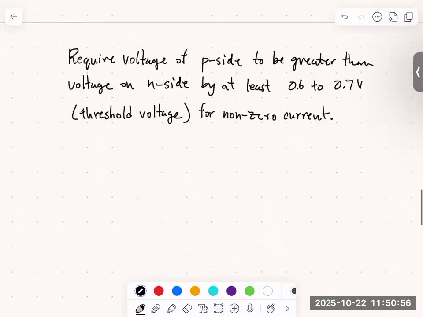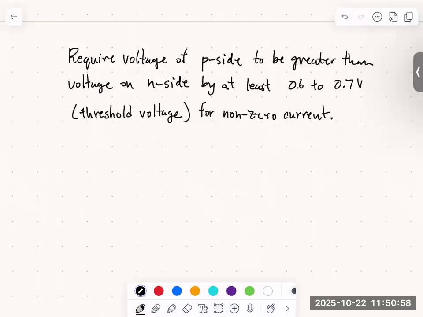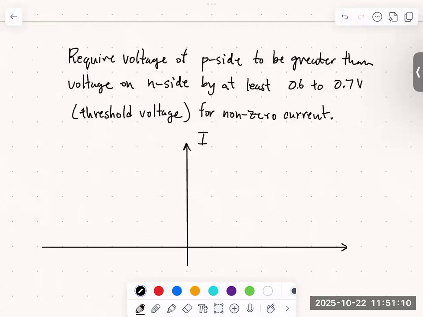For our diode, we can make a similar plot that we did for the one-way valve for the water pipe. This time I'm going to plot the current on the vertical axis, and I'm going to plot delta V, which is VB minus VA, on the horizontal axis, and then we'll label our threshold voltage.